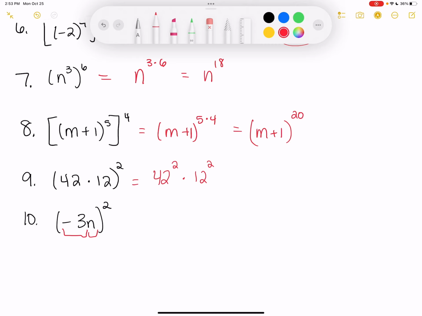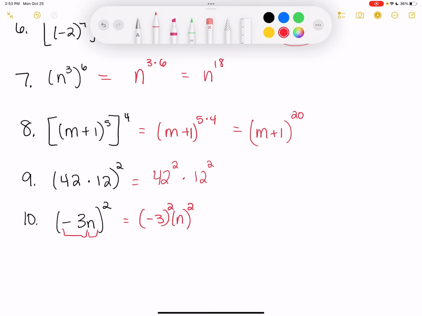One, it just saves an extra step of writing, and two, it doesn't really make sense to just write the negative sign by itself. So I'm going to break this up into negative 3 and n, and both pieces are getting squared, so I just need to write the 2 at the top of both pieces.